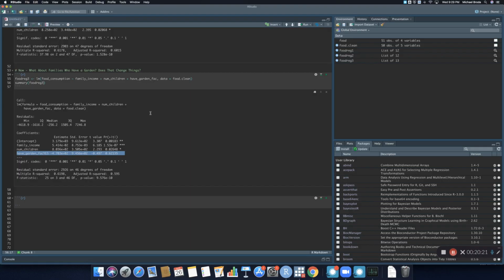And looking here at the adjusted R squared, it actually went down. So we were at 0.6, and now we're at 0.595. So this is a good example. This is why I prefer adjusted R squared to regular R squared. By definition, regular R squared increases as you add in any variable to a regression model. It could be a highly related variable. It could be a totally unrelated variable.